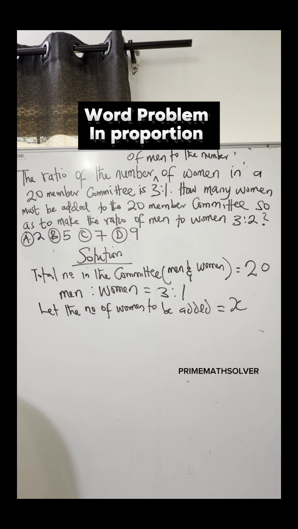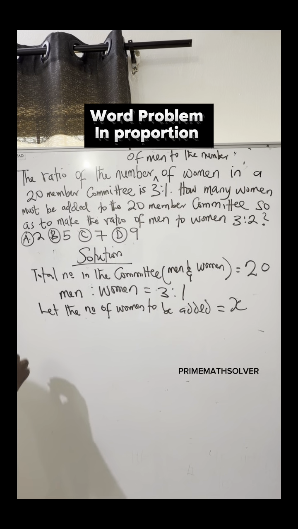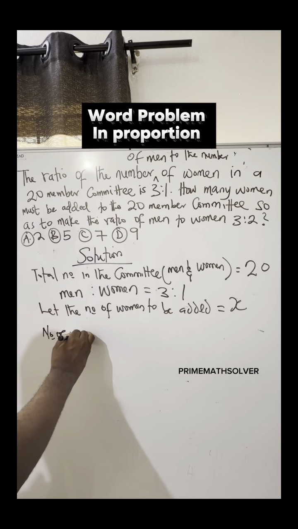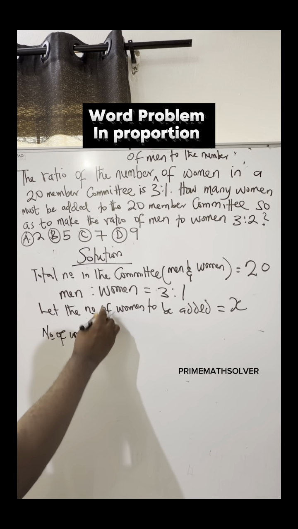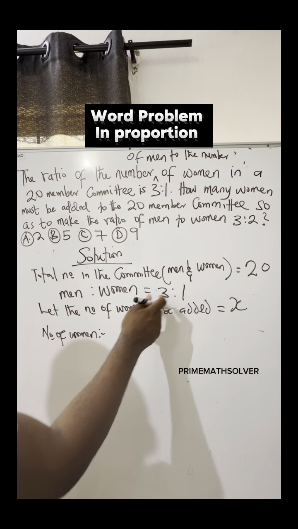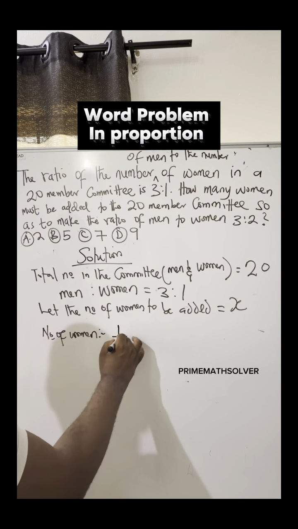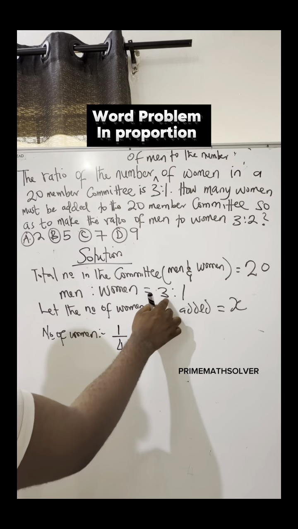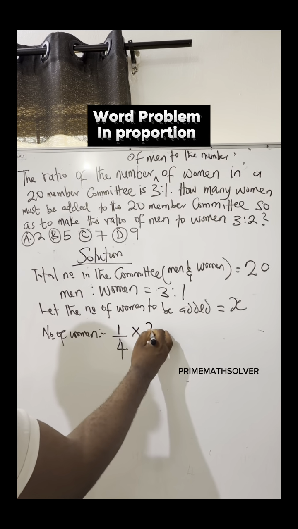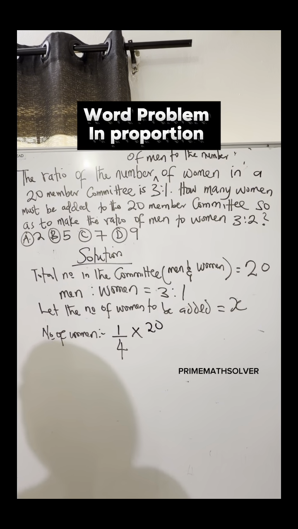Ideally, the number of women from this ratio 3:1 means that women is 1/4, right? Because 3 plus 1 is 4. So multiply by the total number in the committee.